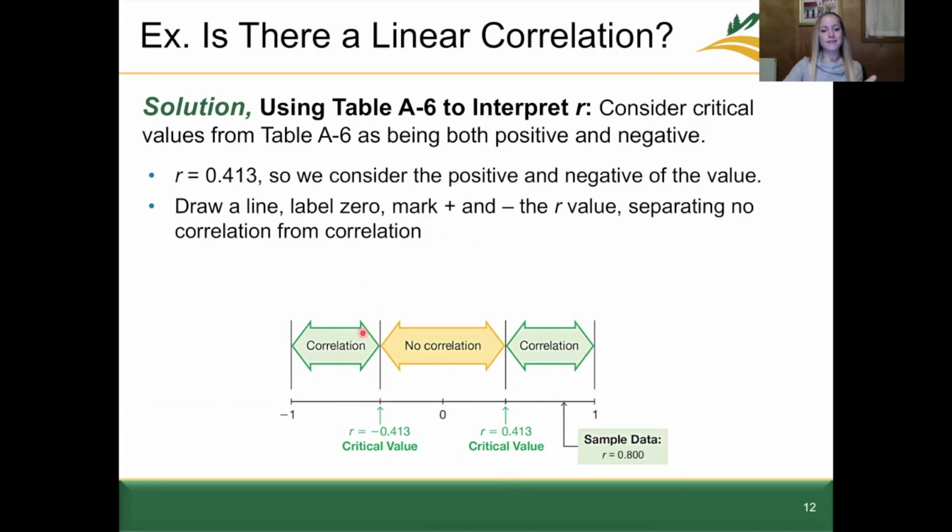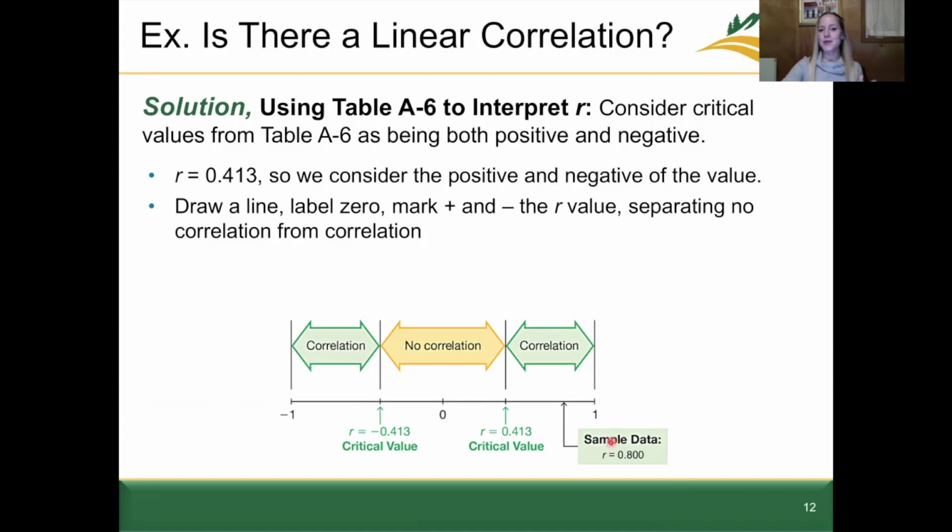We also then have the positive form of our critical value, or positive 0.413. Between the negative form of our critical value and the positive form of our critical value, in this range, we have no correlation. Then again, between -1 and our negative form of our critical value, we have correlation. There's correlation as well between the positive form of our critical value and +1.